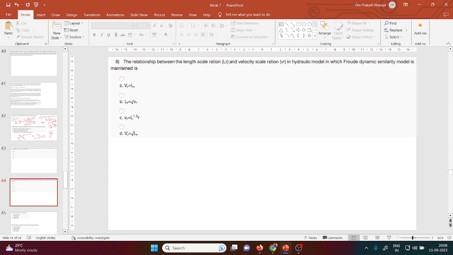One question was very important. The Froude number is what you already know, the velocity by root gL.